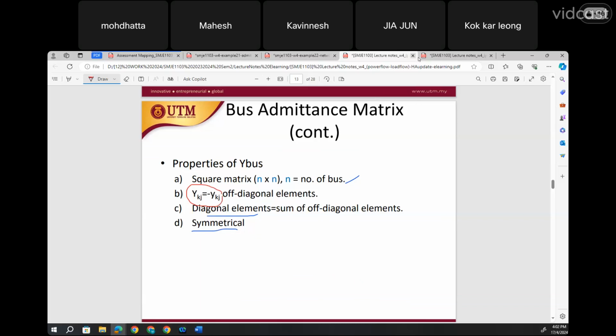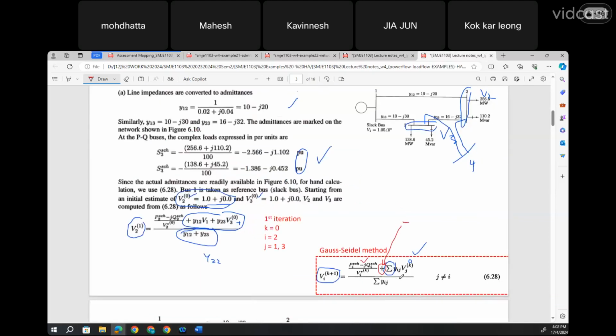So now we are using small y and the sign is positive. In the other references, where they put negative, they will use big Y over here.